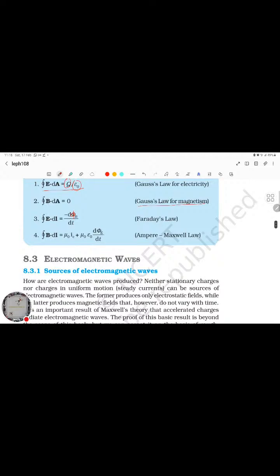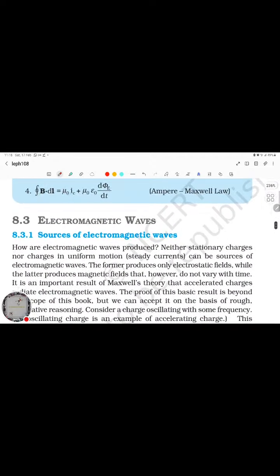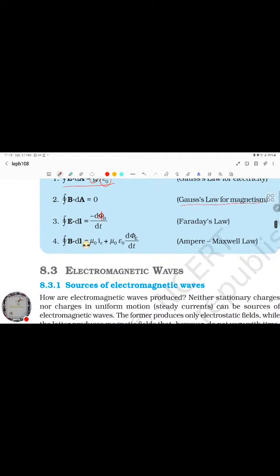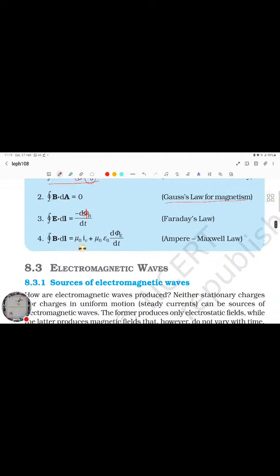And Ampere Maxwell law says the line integral of magnetic field around a closed loop is mu naught times the total amount of current flowing. Total current will be equal to the conduction current plus the displacement current, and that's what we are obtaining as Ampere Maxwell law.